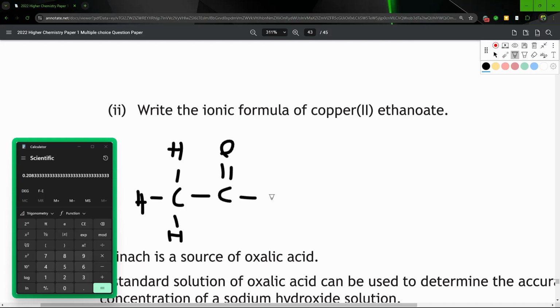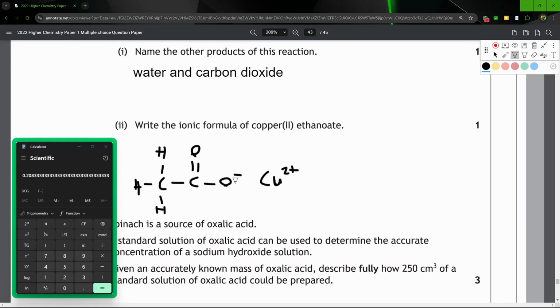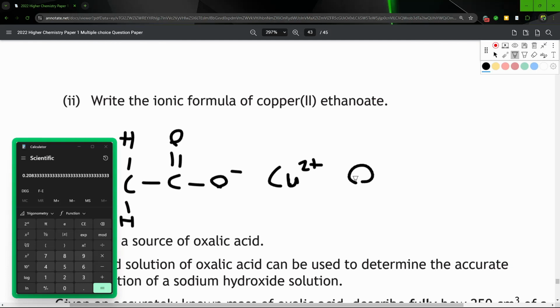Because this is a salt, instead of using OH, it's going to be O negative, and we're going to have Cu 2 plus. But notice anything weird. This is not balanced. We need to have a neutral molecule, which means we're going to have another one over here that's also bonded to this copper atom.